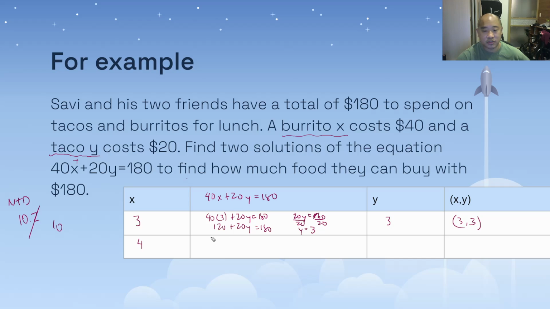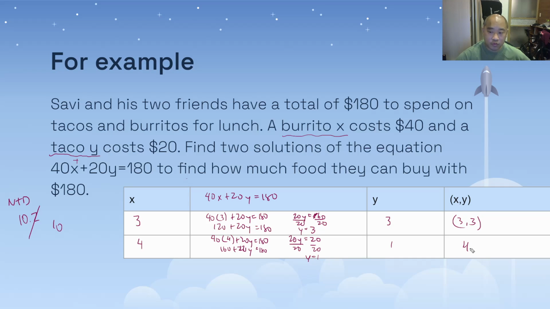Great combination. 40 times 4 plus 20y equals 180. So this is going to be 160 plus 20y equals 180. Subtract 160 from both sides. So that's going to be 20y equals 20. So divide 20 on both sides, y equals 1.